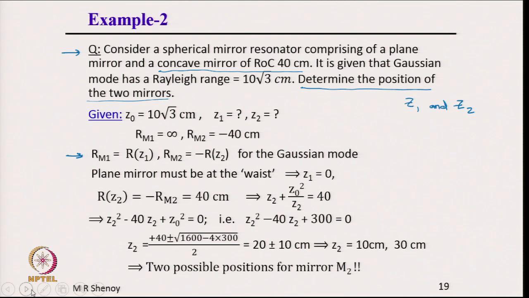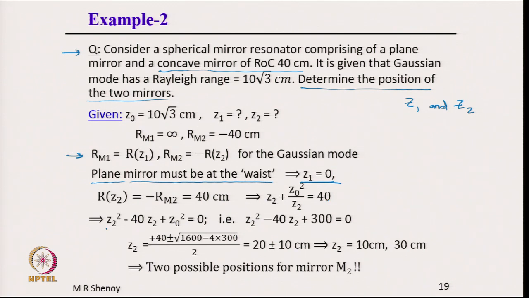Here. So, the plane mirror must be at the waist, which implies Z1 is equal to 0. Therefore, the second condition R of Z2 equal to minus Rm2 is equal to 40 centimeters. Its minus sign is already taken here, 40 centimeters, which means Z2 plus Z0 squared by Z2 is equal to 40.